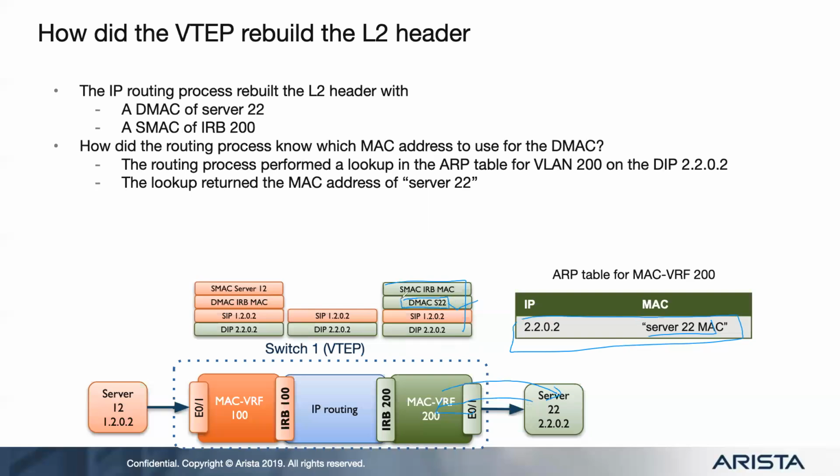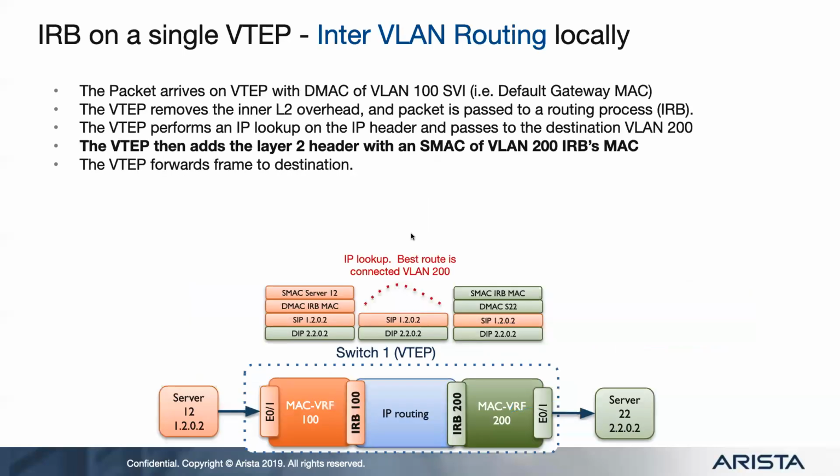Then this packet will be forwarded to the server. This is how it builds the L2 header in the IRB box. Basically, this is the concept of IRB. Is it clear? If there is any question, or if you are not clear, we can go through it again.